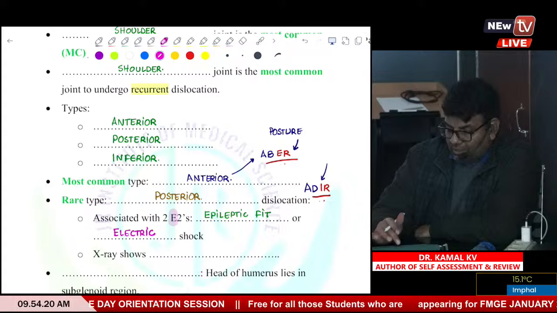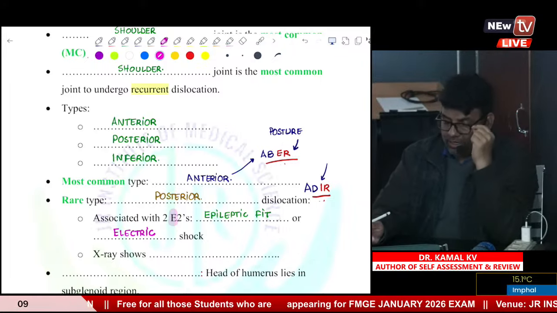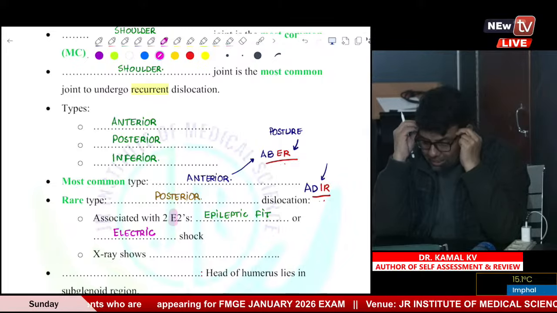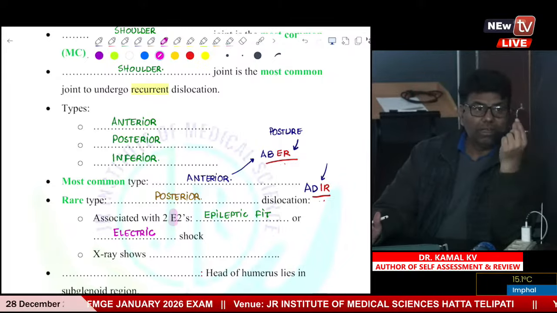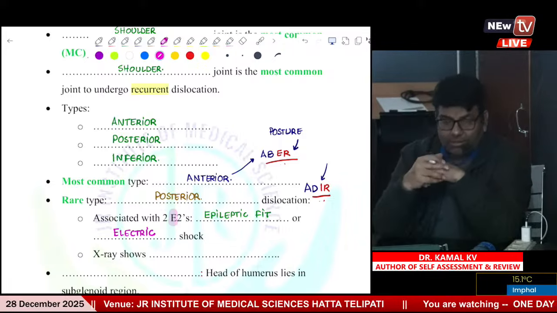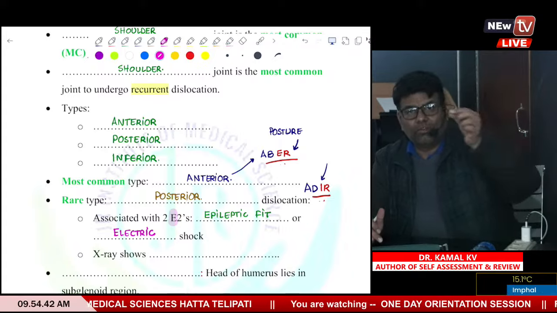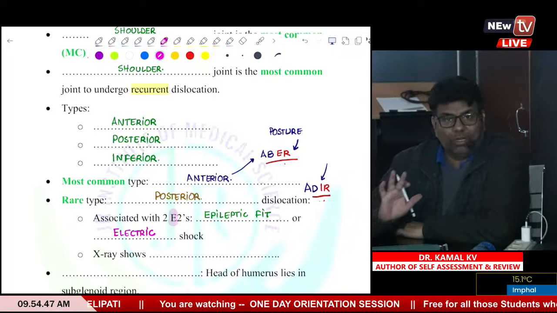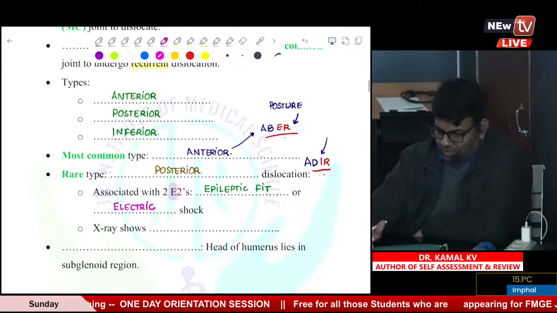So in these two conditions, there is high possibility of posterior shoulder dislocation. In the majority of the questions, whenever we are asking about posterior shoulder dislocation, we always include either epileptic fit or electric shock in the case history. So the moment you find a case history of a patient with epilepsy presenting with this, 99.9% it is going to be a case of posterior dislocation of shoulder.